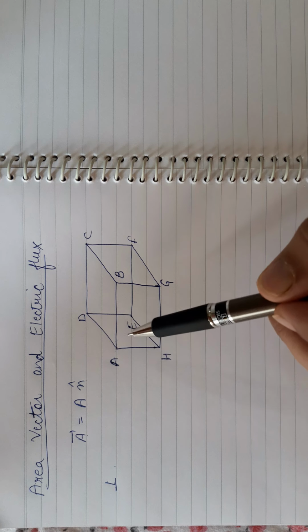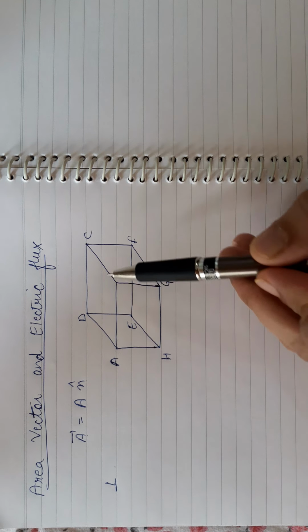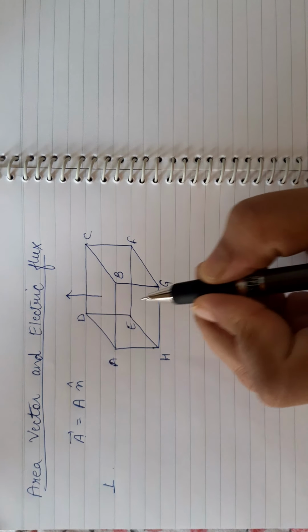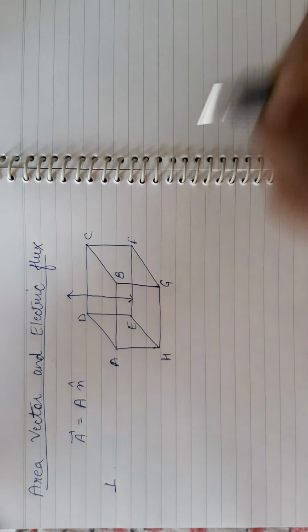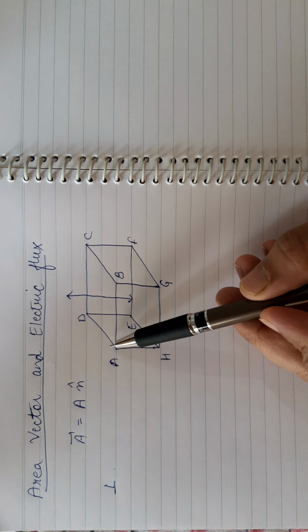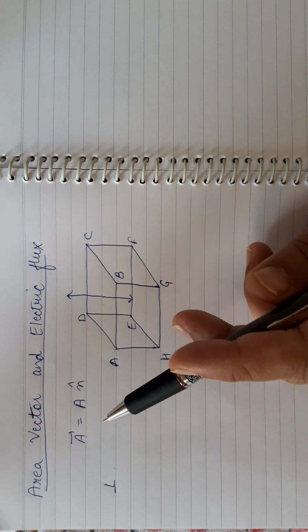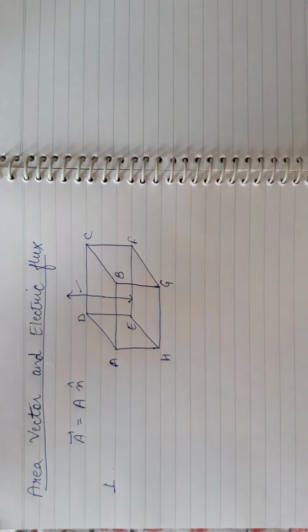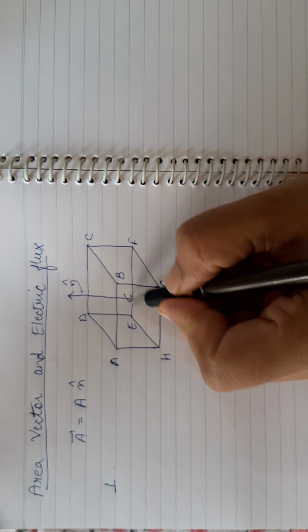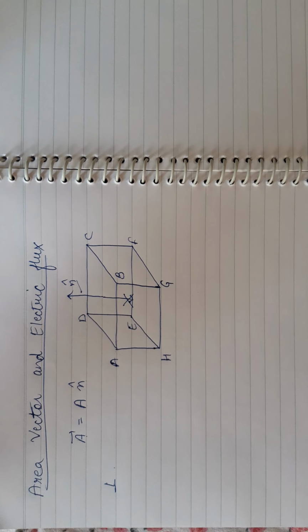Next is to find its direction. We can have two perpendiculars on this, one outwards and one inwards. By convention, the area vector has a direction in the outward direction, right? So this will be the direction of n cap and the other is not taken.